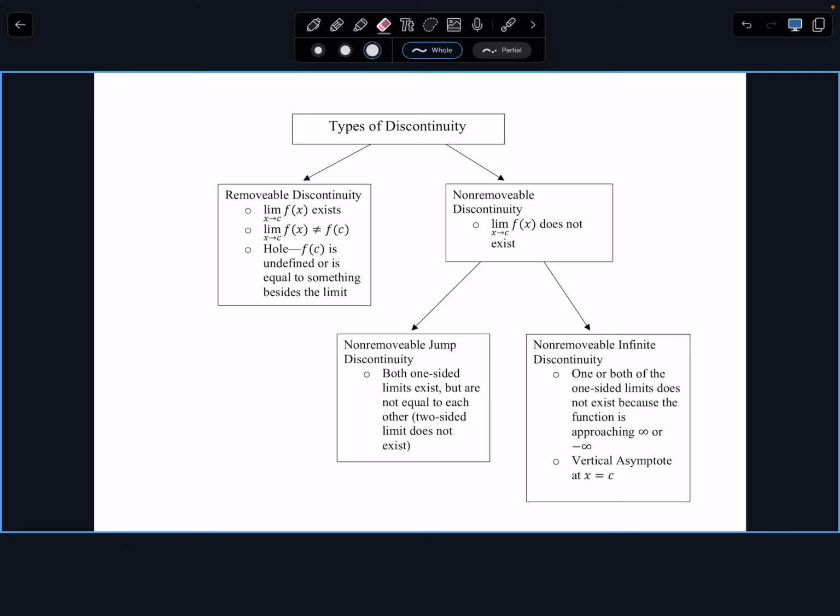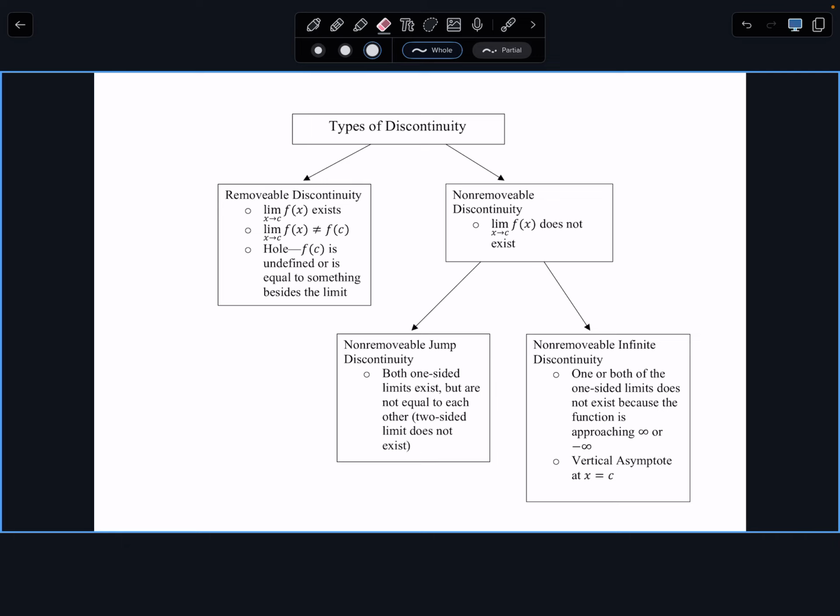If the limit doesn't exist because the function is either increasing or decreasing without bound, going to positive infinity or negative infinity, as x approaches c from the left or the right, then that's whenever we'd say there's a non-removable infinite discontinuity, because it's because of that that we can conclude there's a vertical asymptote.